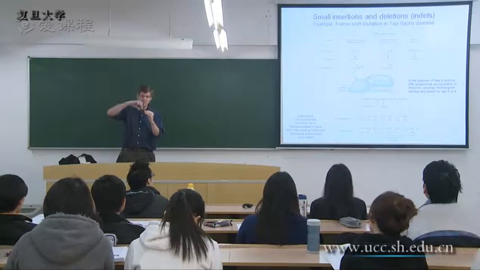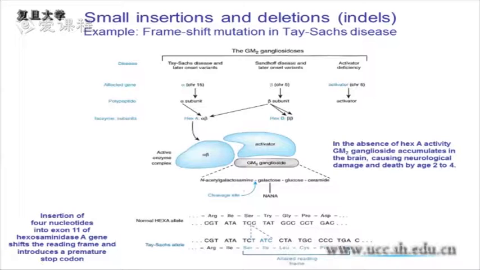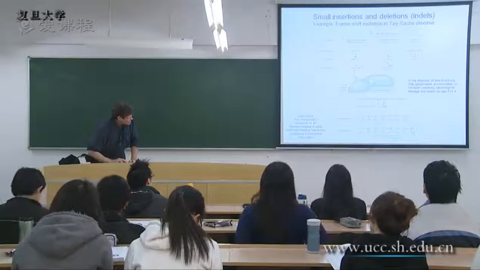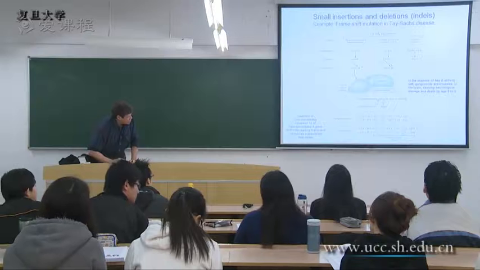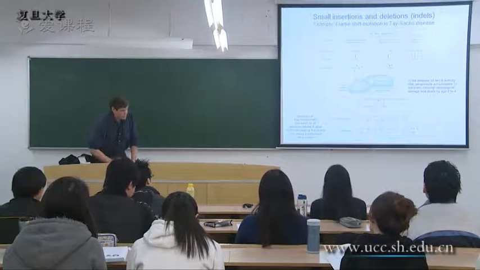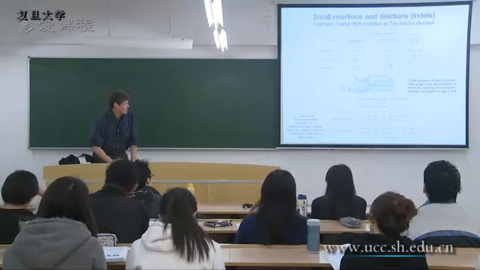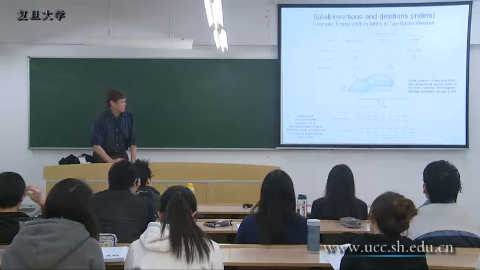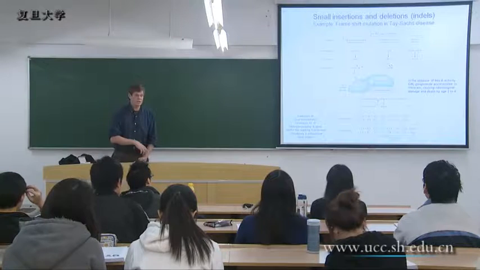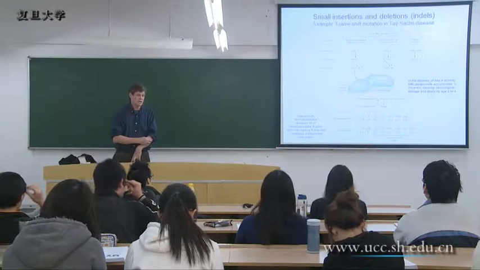So if this occurs in a codon reading frame, for example, in Tay-Sachs syndrome, there's an insertion of 4 nucleotides in the reading frame for this gene, and it causes the coding for inappropriate amino acids and eventually a stop codon. And then this is the cause of the Tay-Sachs syndrome. This is the common mutation that's found in that Cajun population and also in the Ashkenazi Jewish population.